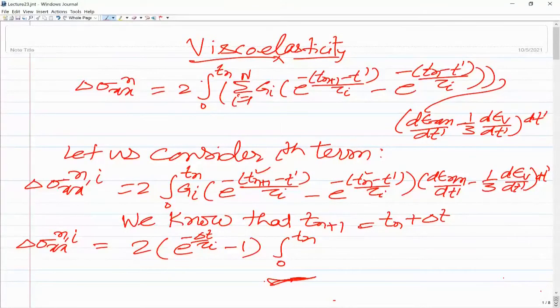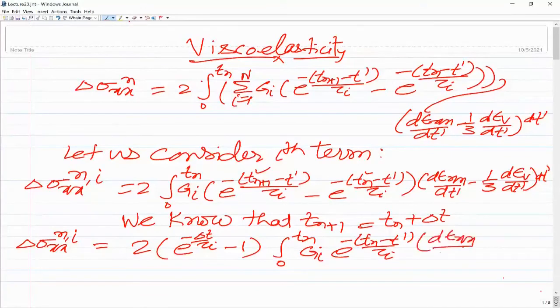You can stop me anywhere if you don't follow anything or you have a doubt. So then this is tn, and then we have gi e to the power minus (tn minus t dash) upon tau I into d of epsilon xx by dt dash minus 1 upon 3 d of epsilon v by dt dash into dt dash.